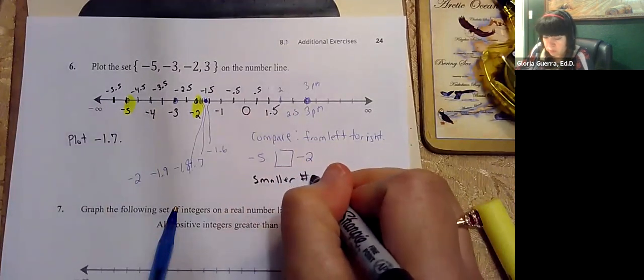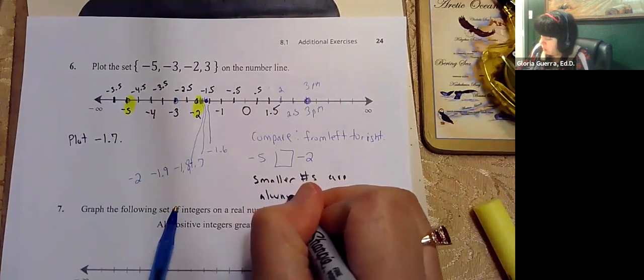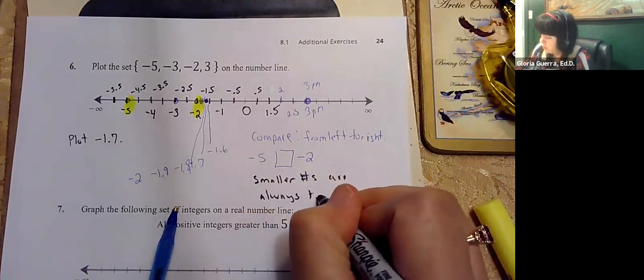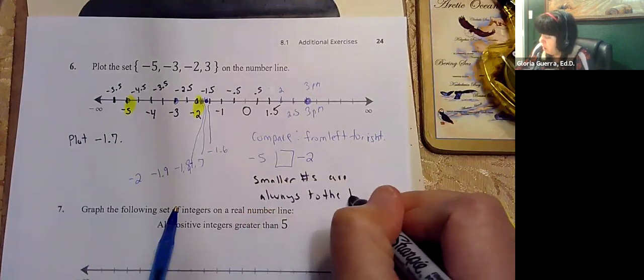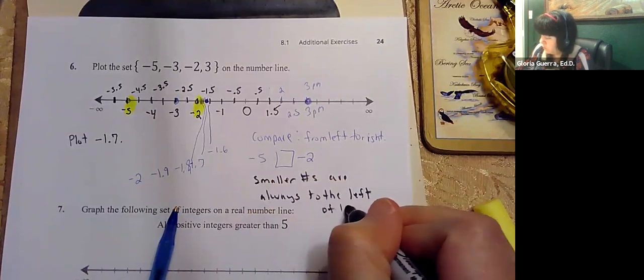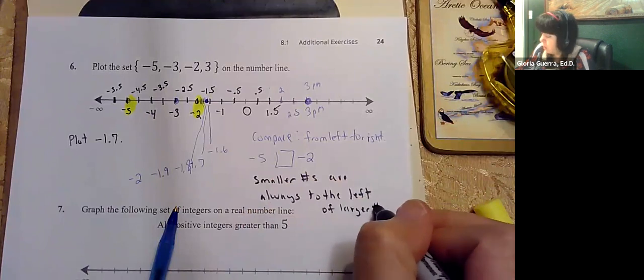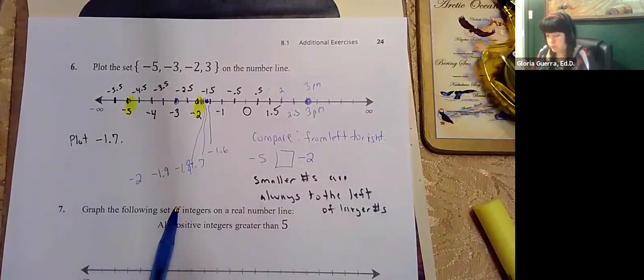smaller numbers are always to the left of larger numbers.